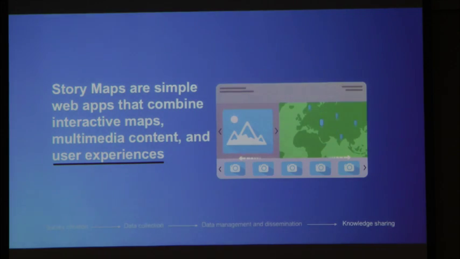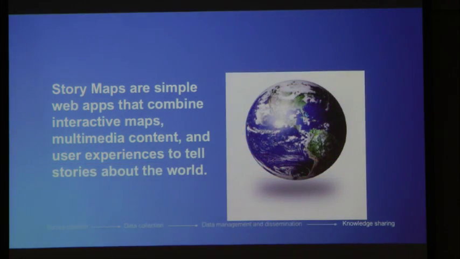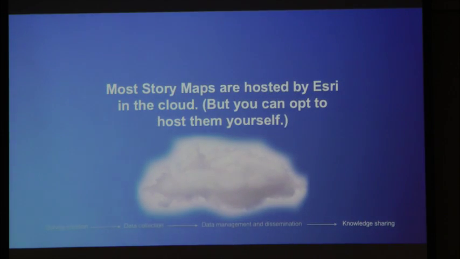And user experiences and overlaying that all together to tell stories about the world. And in the plenary at the UC last year, Jack Dangerman, the president of Esri, said that there are millions of story maps being viewed every day. I don't know if that's true, but there are a lot. That's our number, millions. Yeah.